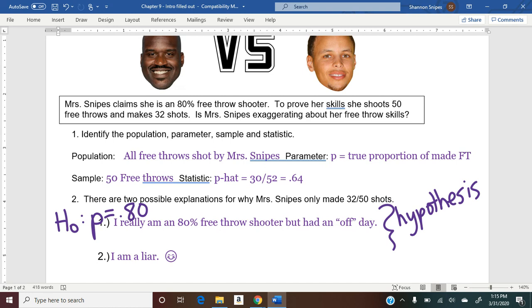And your alternative is I'm lying, so the true proportion is not 80%. We will be testing any kind of claim by assuming that the person is telling the truth against the alternative that they're not telling the truth.